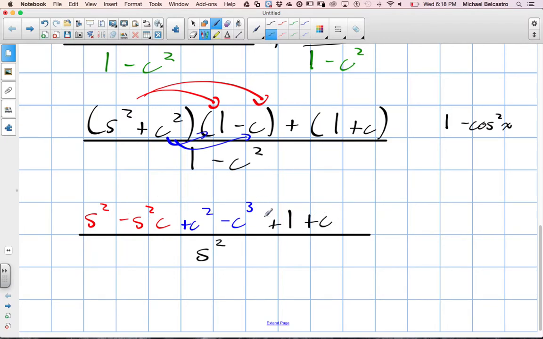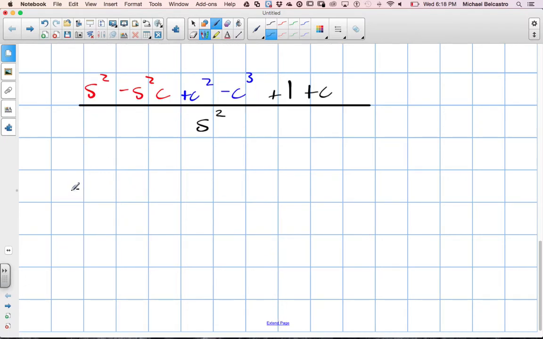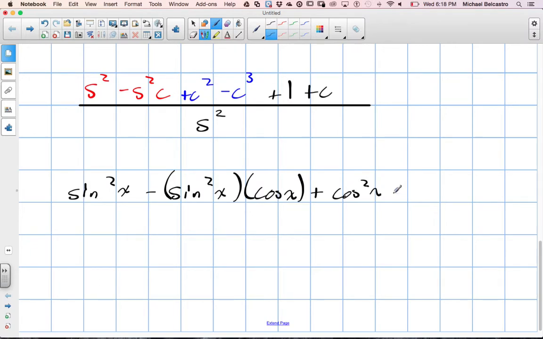Let's put everything back into its normal form now, because that's a little tough for me to make trig identities out of. So I have sine squared x minus sine squared x times cos x plus cos squared x minus cos cubed x. That one's going to be tough to work with. Let's see what we can do there, all over this.